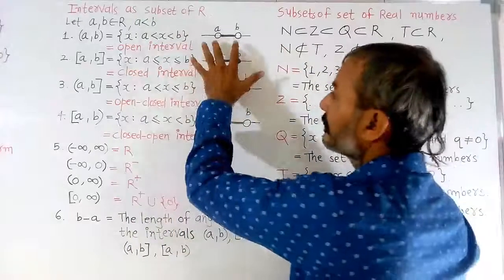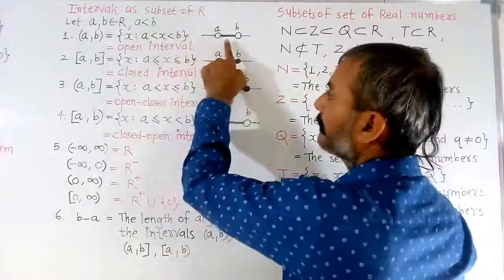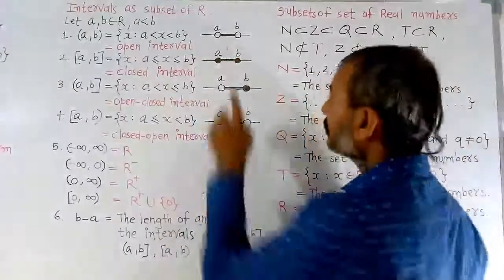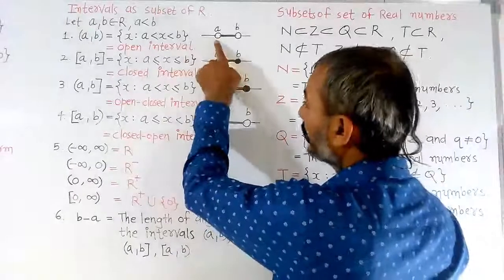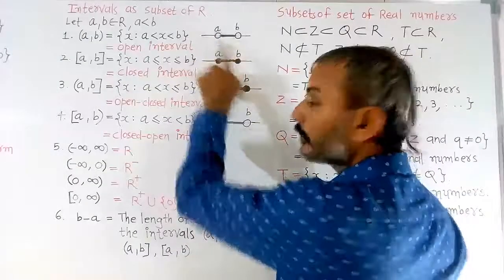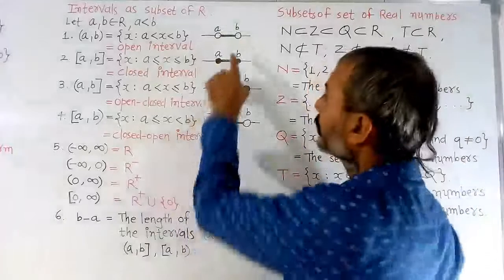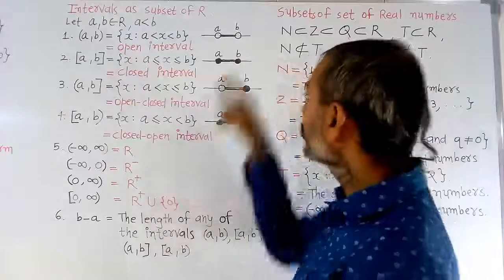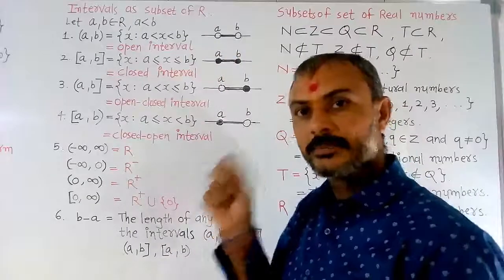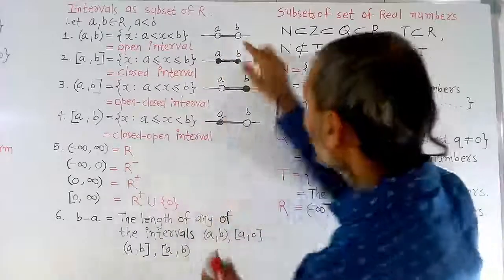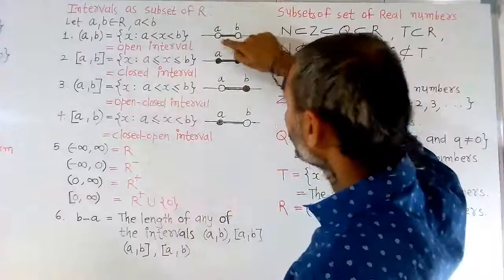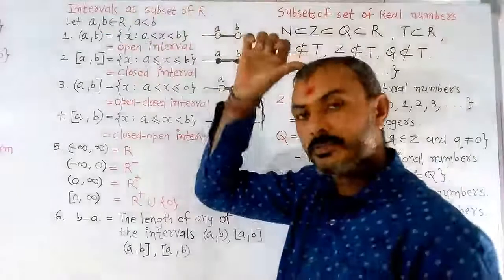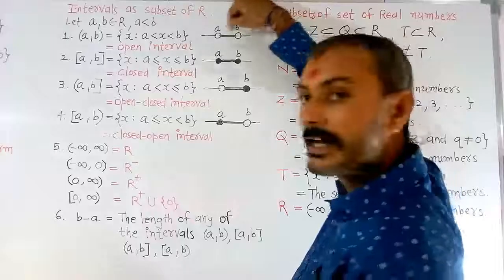Okay. This is expressed in the figure like this. A does not belong to the interval, so we write a hollow point. B does not belong to the interval, so B is expressed as a hollow point. But all points between them belong to this interval, so we draw the line dark.